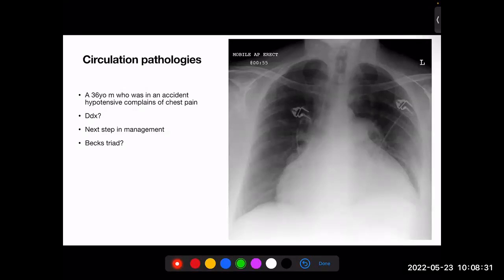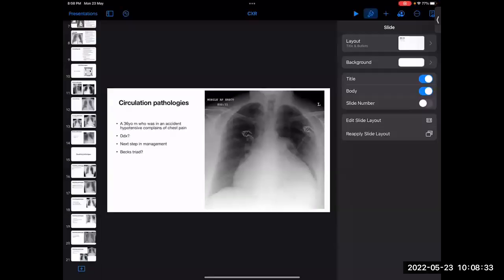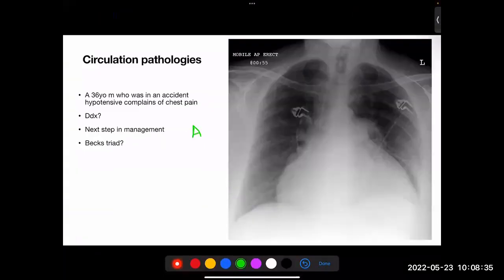Cardiac tamponade. Where are you getting tamponade, my friend? So let's start with the trachea. This is the trachea. What's happening to the trachea? Deviation. A slight deviation to the right.